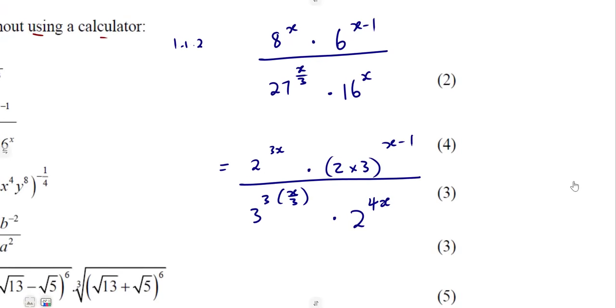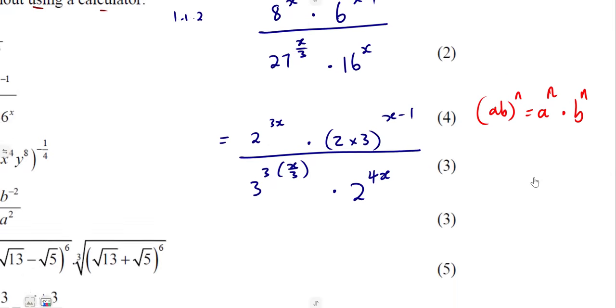And there are laws of exponents that we can use. Here, 2 times 3 raised to the exponent of x minus 1. Remember, ab to the exponent of n is going to be a to the exponent of n times b to the exponent of n. Every part is raised to the exponent that you are given.